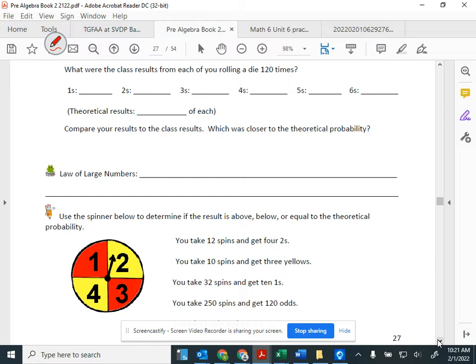Somebody be the recorder and write down what your table results were. I got 18. I got 2 4s. So for Charlotte's table, do the 3, and then when Chase is done, we'll add in his.